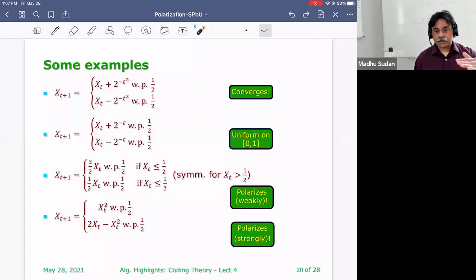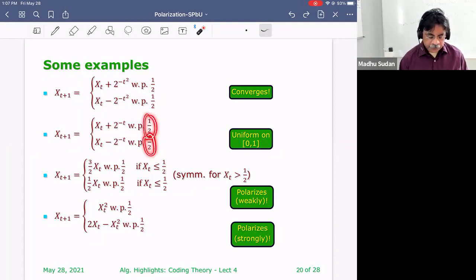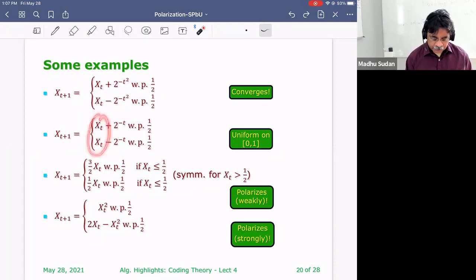At each time step, you either add a little bit or you subtract a little bit. How much? 2^{-t}. And the probabilities by which you add and subtract are set up so that the expectation of x_{t+1} is exactly x_t. So this is a martingale. This is a good example of a martingale.